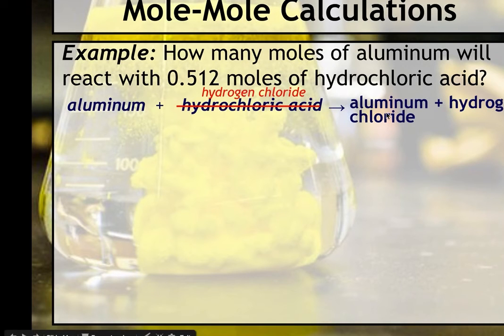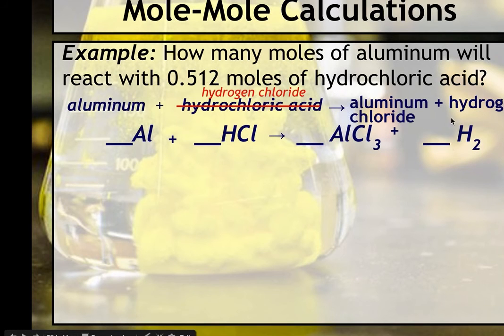So I have aluminum chloride and hydrogen. Notice how we've written hydrochloric acid to be hydrogen chloride. There's our hydrogen chloride right there, hydrochloric acid. Aluminum chloride, and hydrogen, remembering that hydrogen is a diatomic element. There's the balanced chemical equation.